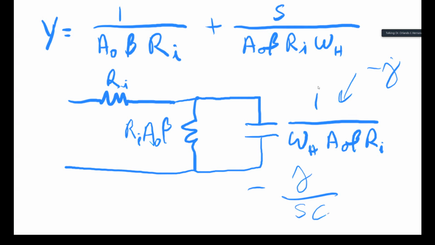So that's where the S went. Okay, so we're just looking at this quantity. So that quantity is that there. Okay, and we can do the same thing for the output impedance.